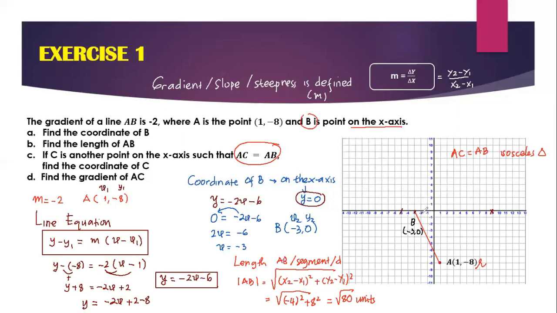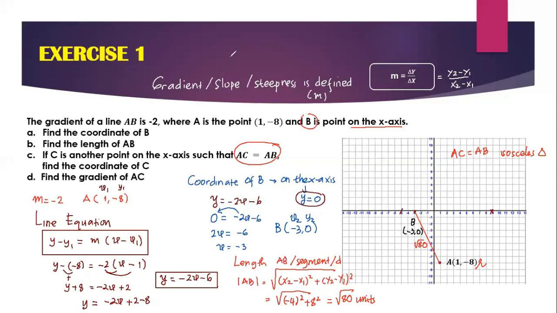So when AB is root of 80, the length of AC must be root of 80. Once again, when AB is root of 80 units, you have to find the coordinate of C to form AC equal to root of 80.